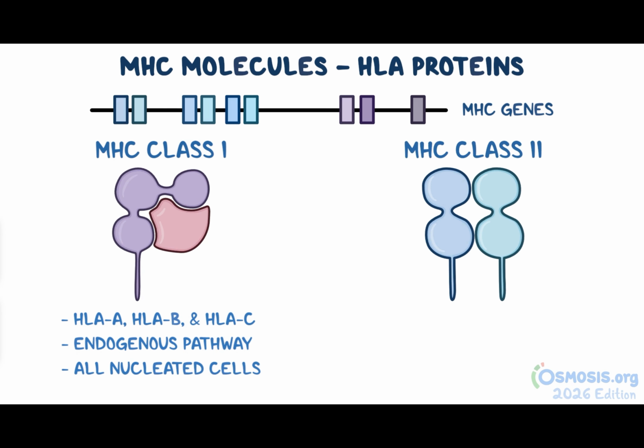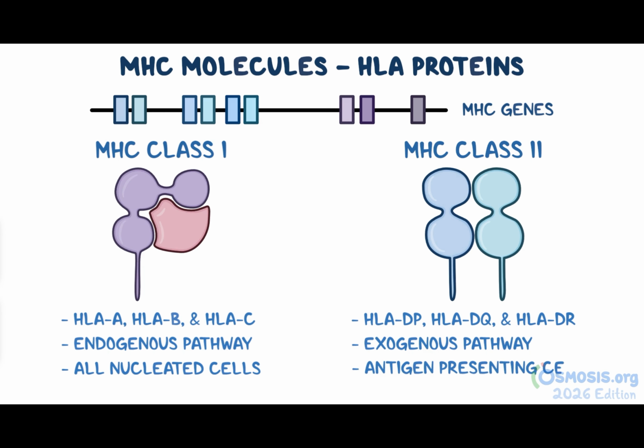MHC class II molecules include HLA-DP, DQ, and DR, which are found on professional antigen-presenting cells. They use the exogenous pathway to process extracellular antigens in vesicles and present them to CD4 helper T cells.